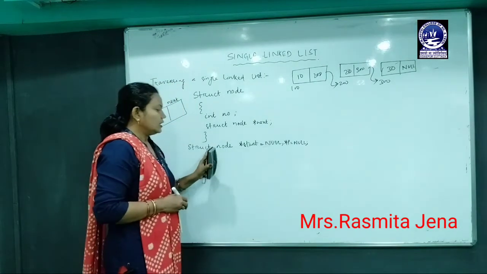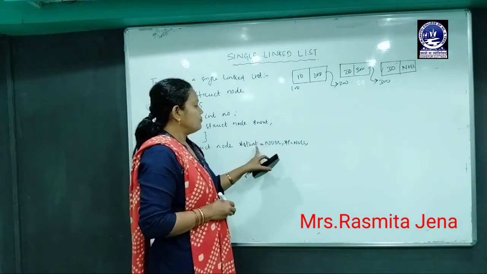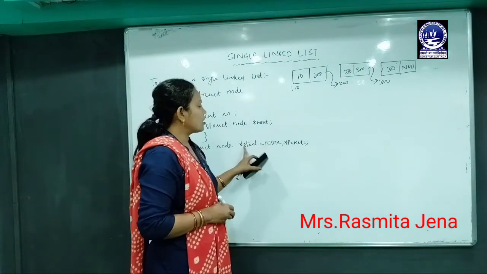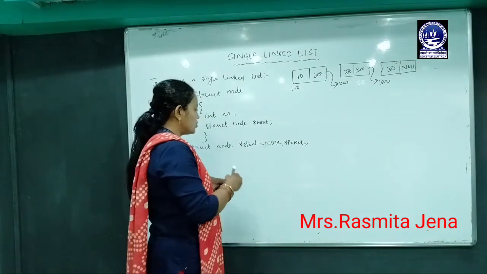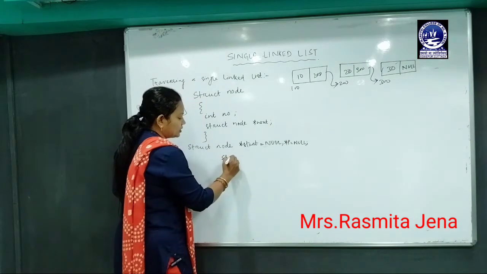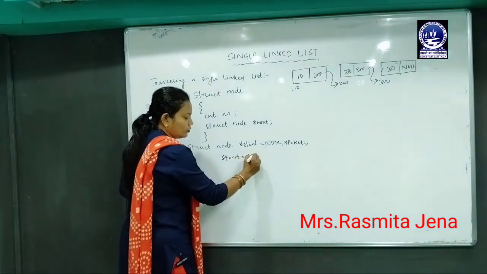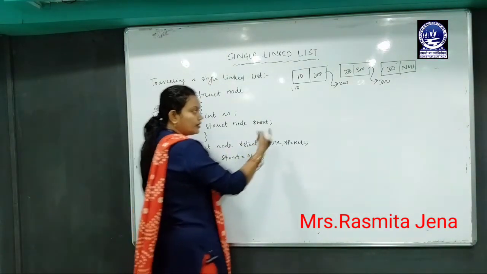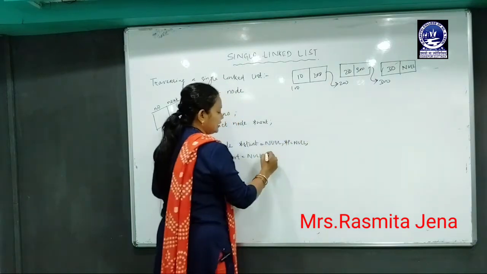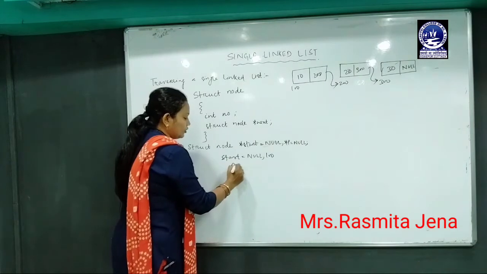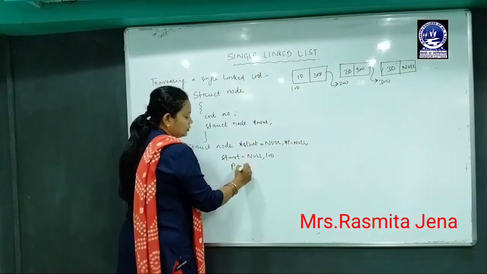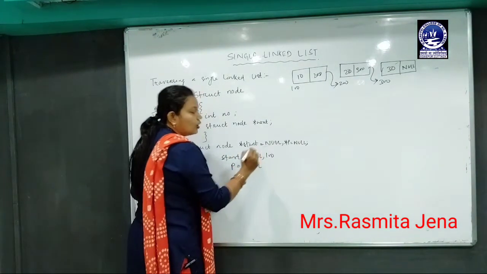Here I am declaring a struct node type pointer variable which contains a null value. Initially the start pointer will contain null, but when the list is created, it will become 100. Similarly, the other pointer p is initialized as null.